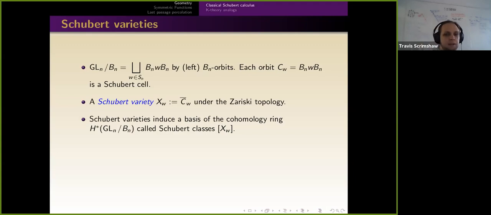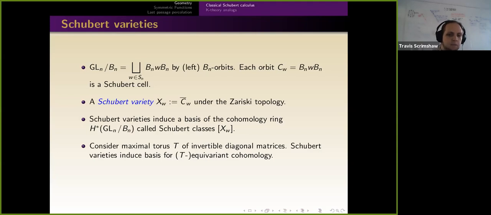Why we care about them is because the Schubert varieties give us a very natural way to construct a basis for the cohomology ring of the flag variety. If we wanted to go a little bit further, from the geometry point of view, a common thing to do is look at things that are invariant under the maximal torus.